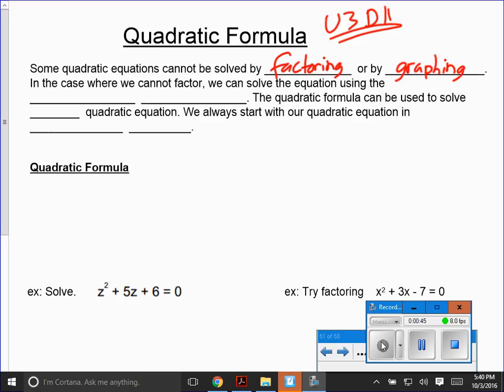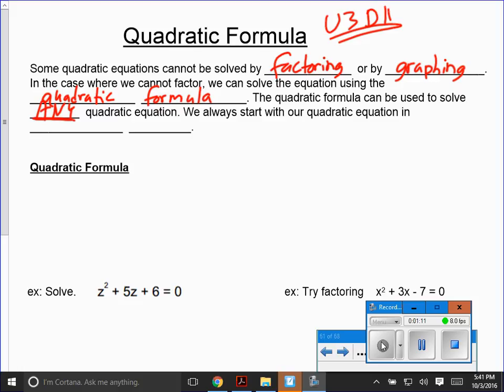So when that happens, what we can solve is using the quadratic formula. The reason it's so important is we can use it to solve any quadratic equation. It doesn't have to be one that factors, one that intercepts. Any quadratic equation we can solve using the quadratic formula.